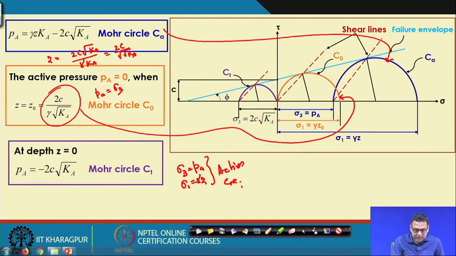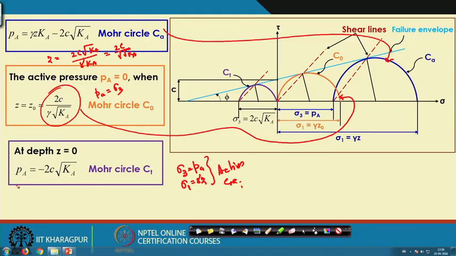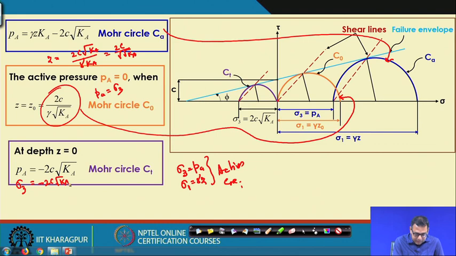So if z is 0, that means sigma 1 will be 0. In that case also your Mohr circle will pass through the origin, but your sigma 3 value is minus 2C root K_A, because if you put this as 0, this will be minus 2C root K_A. So your Mohr circle will shift to this side of the origin.